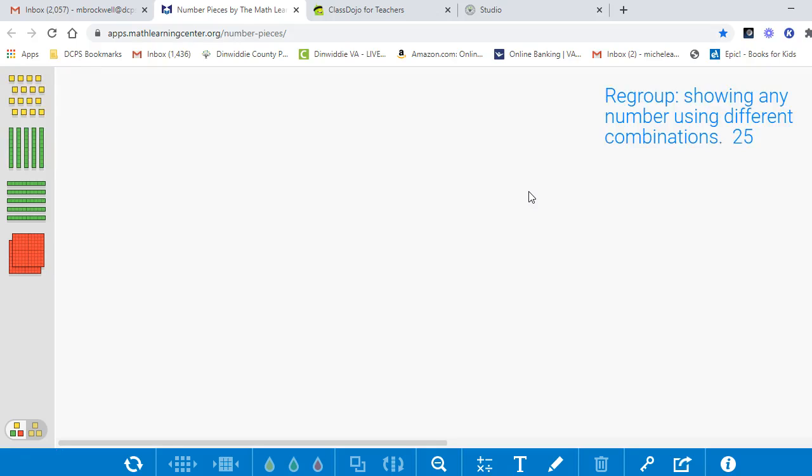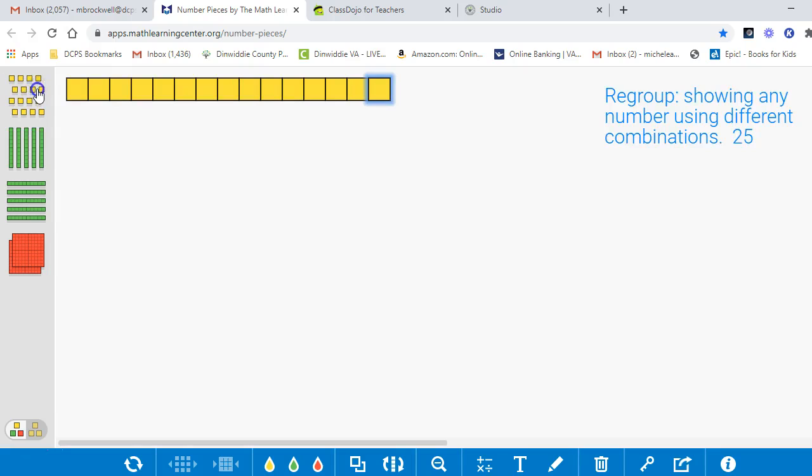This number is 25. So you can do it just like you started in kindergarten, counting by ones. 1, 2, 3, 4, 5, 6, 7, 8, 9, 10, 11, 12, 13, 14, 15, 16, 17, 18, 19, 20, 21, 22, 23, 24, 25.